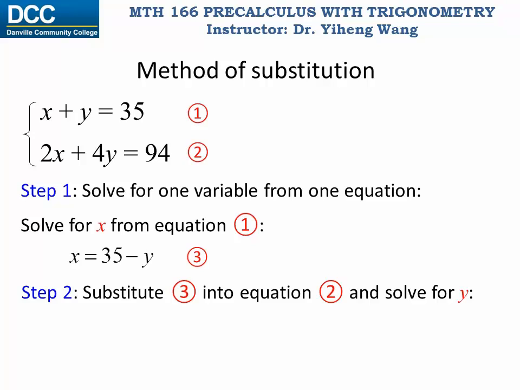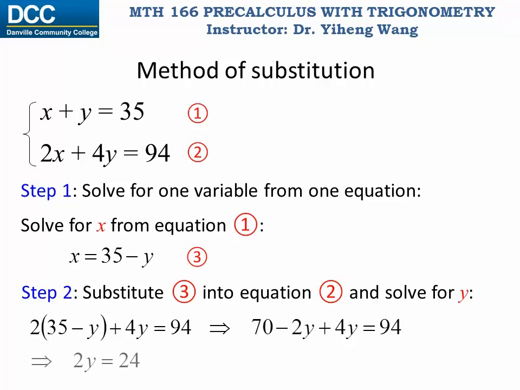So after we substitute equation 3, which is x equals 35 minus y, into equation 2, this is what we get. And as you can see, we have one equation with only one unknown, which is y, and we can solve for y to be 12.